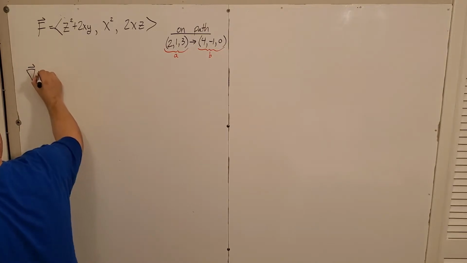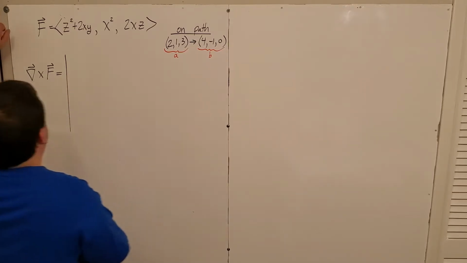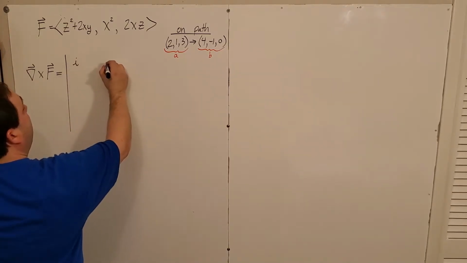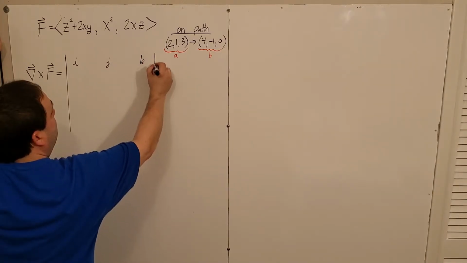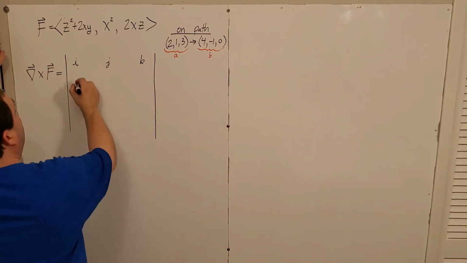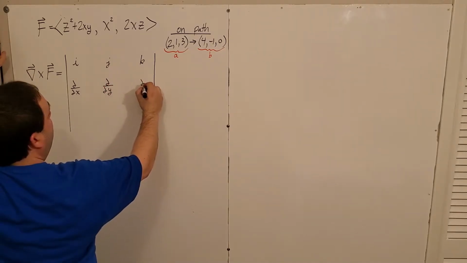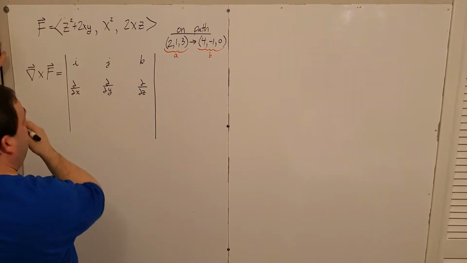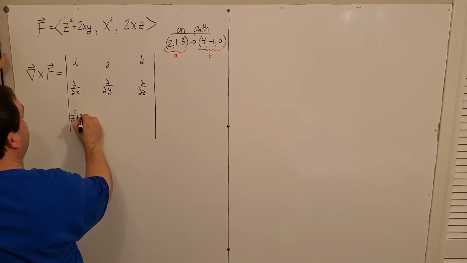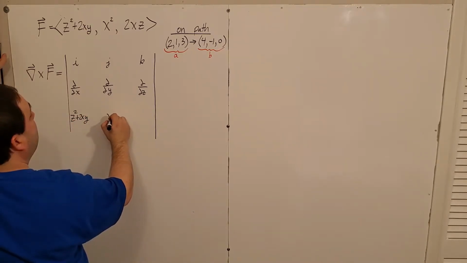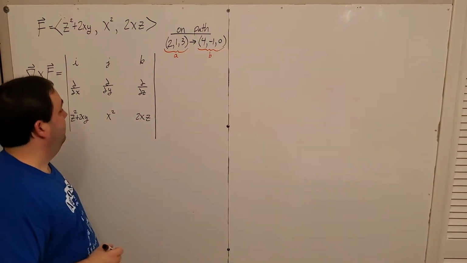The curl of f is going to be equal to the determinant, right? i, j, and k, of partial with x, partial with y, partial with z, and then my pieces of my vector field. z squared plus 2xy, x squared, and 2xz, right?